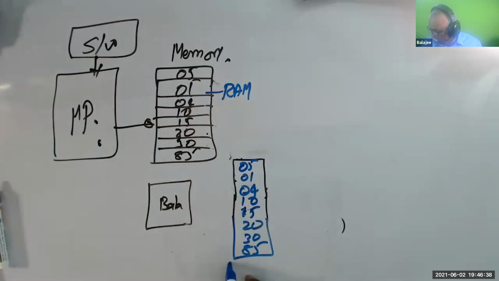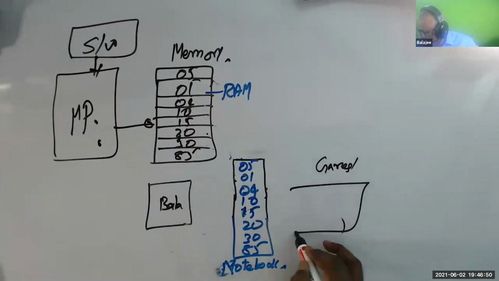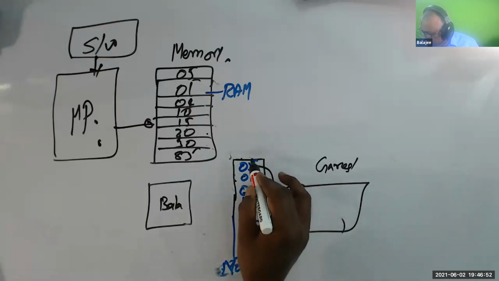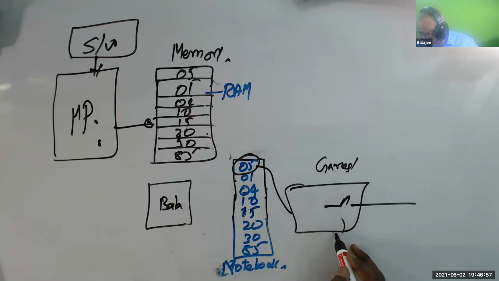But Balaji has written on the notebook. And Balaji gave it to somebody. Who? Ganesh. What Ganesh did, he read the 05. Then he operated the switch based on the clock.